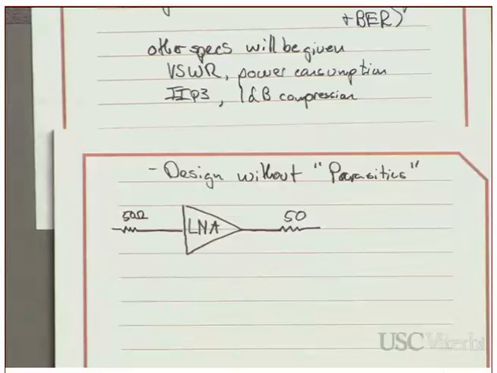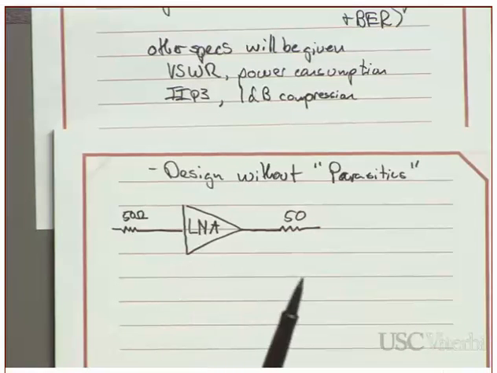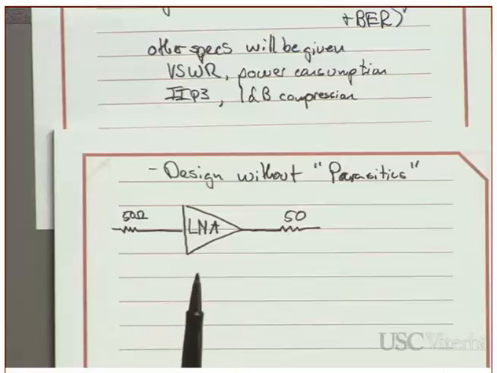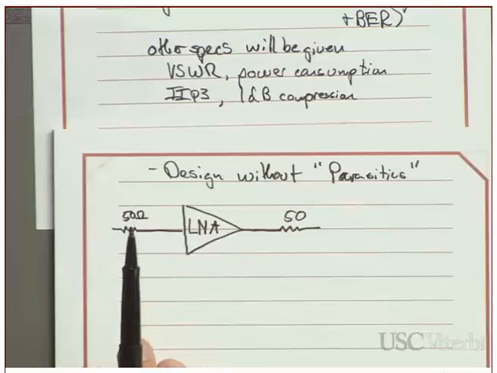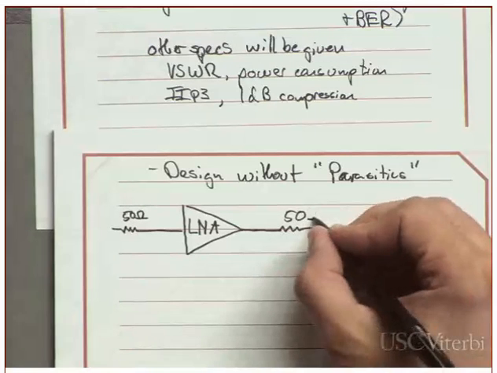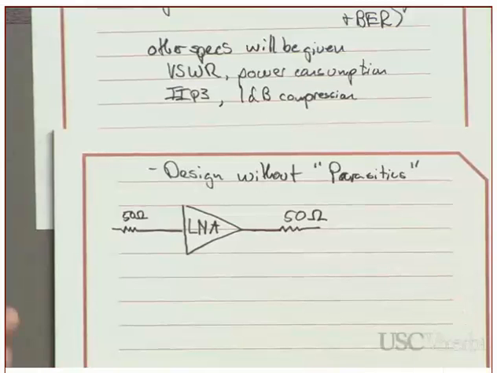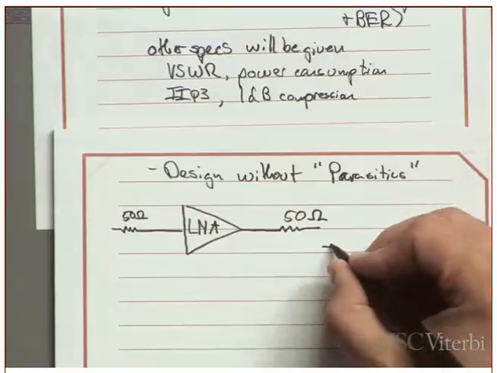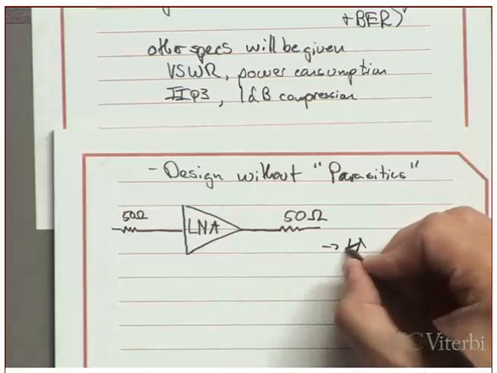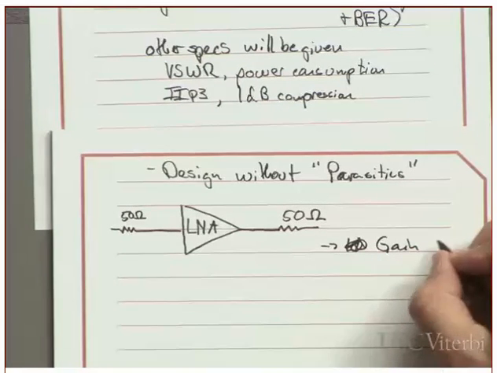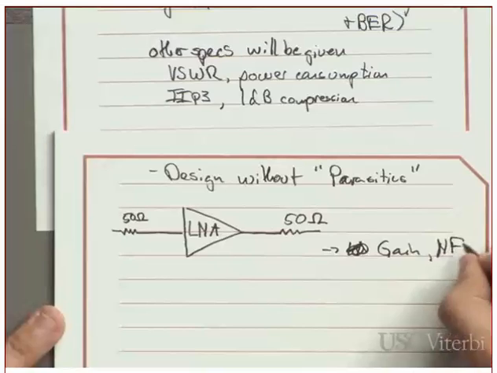So you'll get your specs and design this thing, and this should be fairly straightforward, hopefully. The 50 ohm requirement just makes the matching simpler for now. So that's going to be basically stage one of your design process. And so you'll get whatever gain, noise figure, etc. from that.